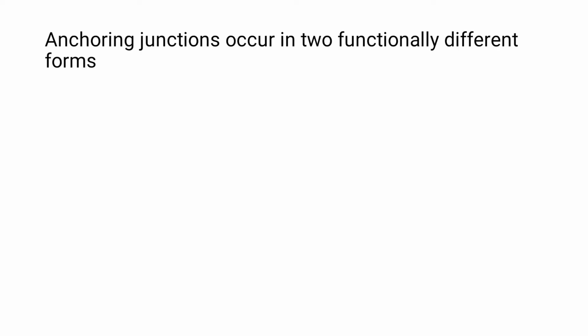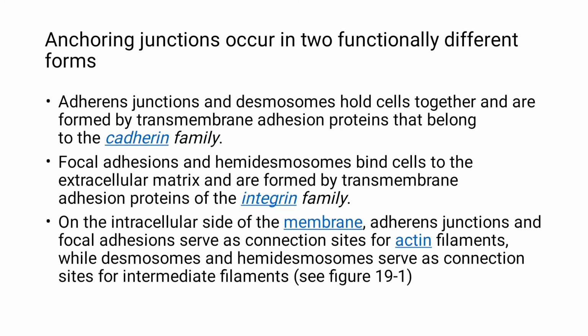So, anchoring junctions occur in two functionally different forms. We have the adherens junctions and desmosomes, which hold cells together and are formed by transmembrane adhesion proteins that belong to the cadherin family. Cadherin is a member of a family of proteins that mediates calcium-dependent cell-to-cell adhesion in animal tissues.